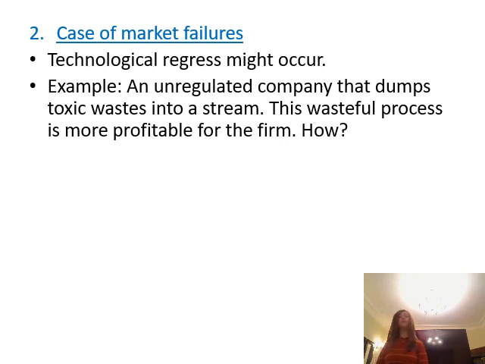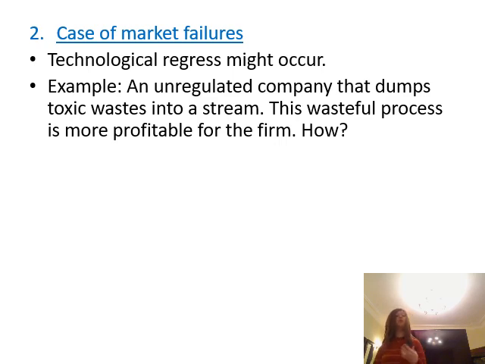If you remember, negative externalities involve imposing social costs on the society. So you can have this case when a company dumps wastes into a stream when it is not punished for the social costs of causing negative externalities in the market.